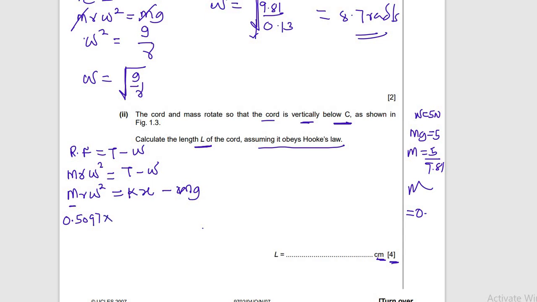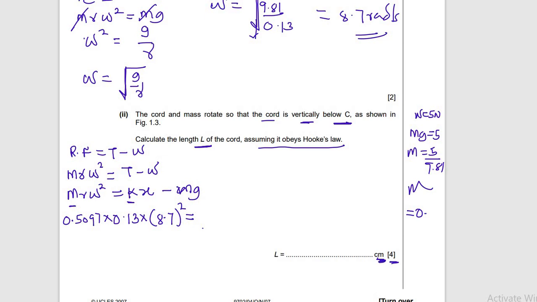This is multiplied by the radius. What's the radius of the circle? The original length, that's 0.13. Angular speed 8.7 all squared. This is the centripetal force. The force constant we got earlier. Since the length is in centimeter, don't convert anything here.